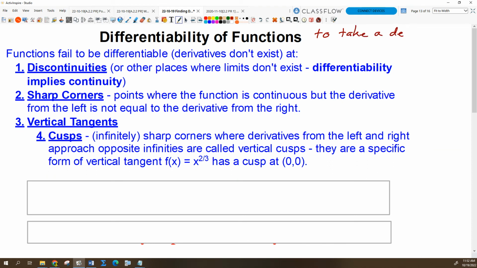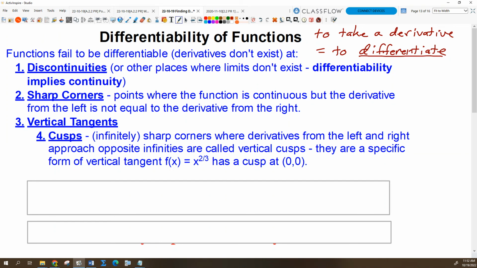We say take a derivative in calculus, or calculate it, equals to differentiate. That's the verb. And we talk about differentiation as being the process of taking derivatives. That's what we're learning to do. This is called differential calculus. The calculus of derivatives is differential calculus.